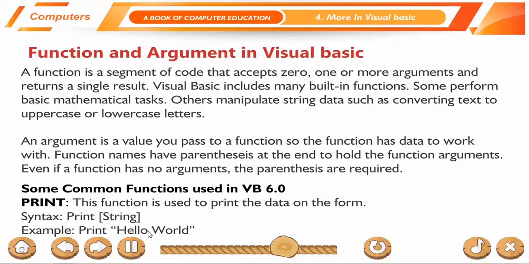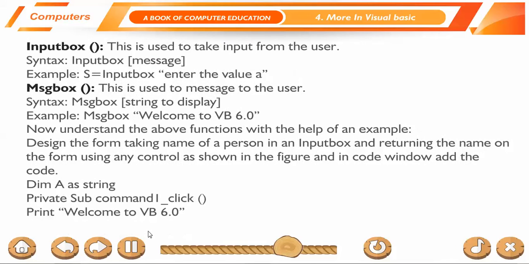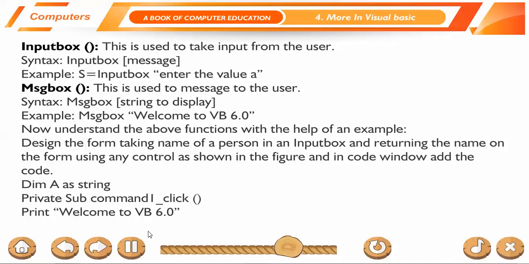Print. This function is used to print data on the form. Syntax: Print string. Example: Print Hello World. Input box. This is used to take input from the user. Syntax: InputBox message.